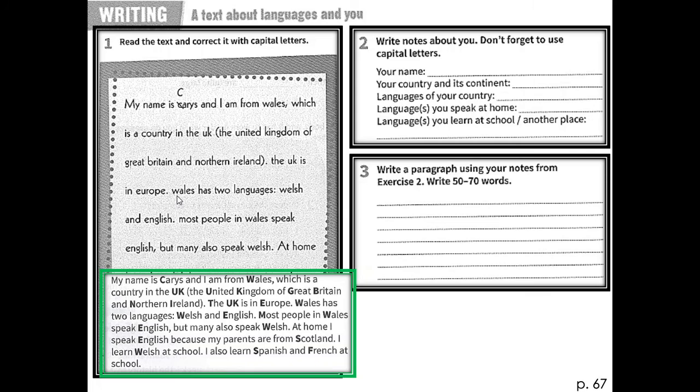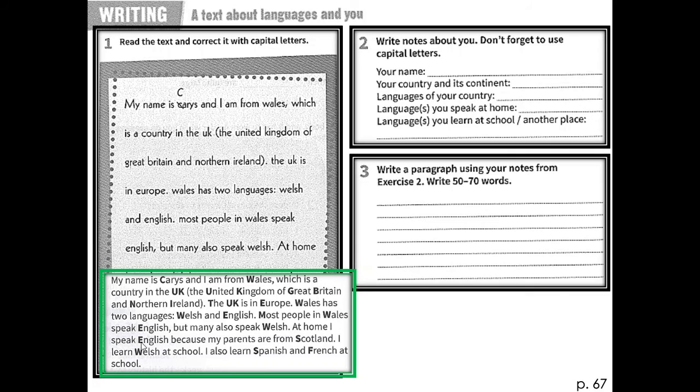Wales, right, has 2 languages. Names of languages also have to be in capital letters. Welsh, English, W and E. At the beginning of each sentence, you also need to have a capital letter here. Most people in Wales speak English, but many also speak Welsh.